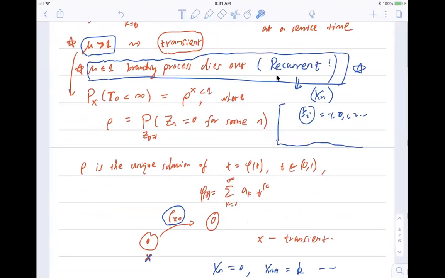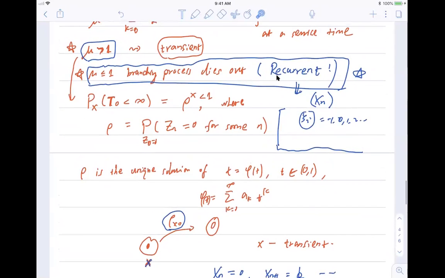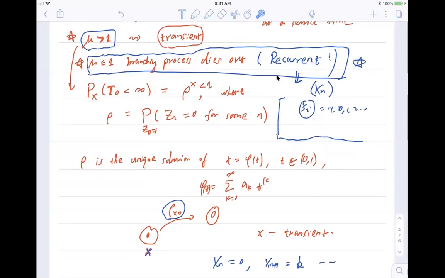I'm confused. If mu is larger than 1, it doesn't have the probability to go from 0 to anywhere else. When is mu bigger than 1?